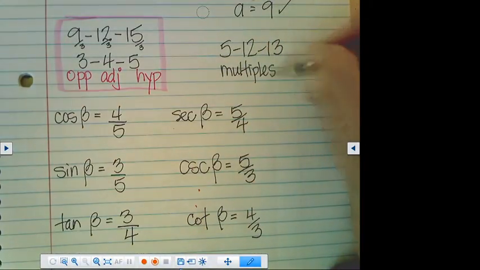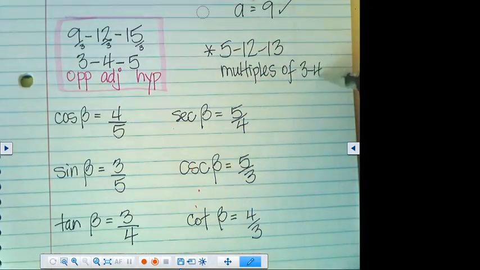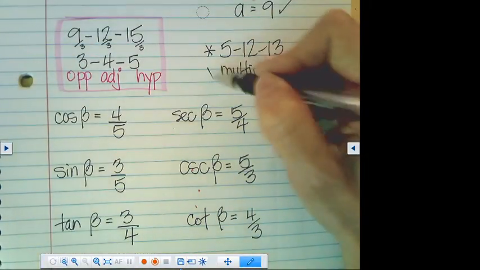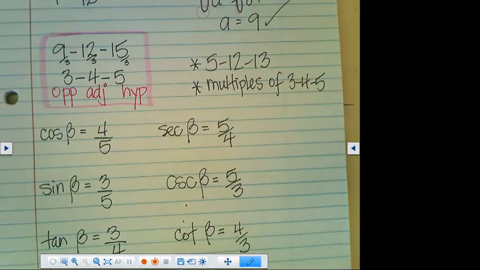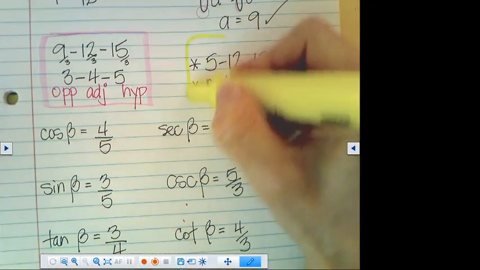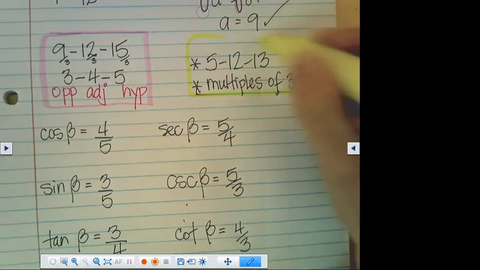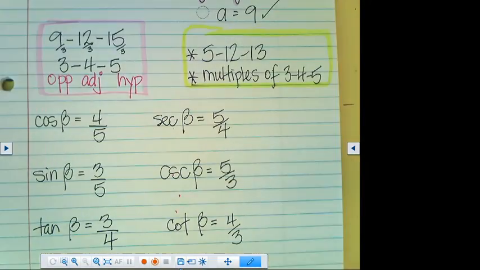Do you guys remember me telling you this? The multiples of your 3, 4, 5. And that's what this one is. And that's what they love on ACT. So if you can memorize your 5, 12, 13, and then be able to recognize the multiples of a 3, 4, 5, you'll pretty much have the ACT down pat as far as right triangles, okay?